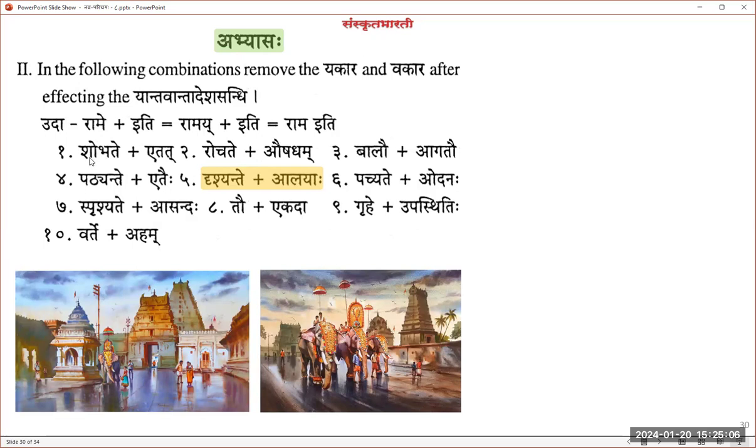So I'm going to invite Vidya Shanbag. Let me start from the last. Yes, try this, madam. Shobate plus etat. The ekara will be replaced by I. Very good. So Shobatai plus etat. Focus, now focus.